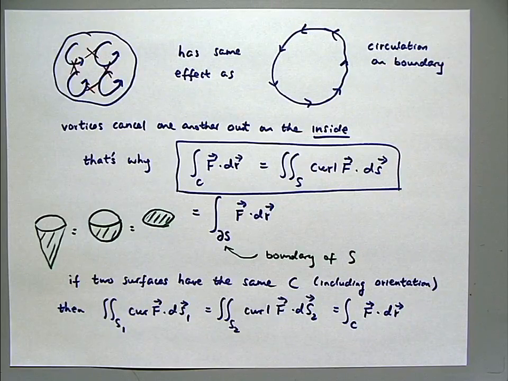So curl is minus 2k, that is 0, 0, minus 2, dotted with this guy right here, du dv, equal to dot, dot, dot.